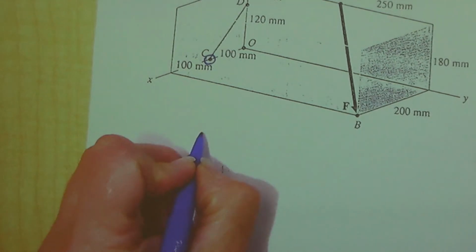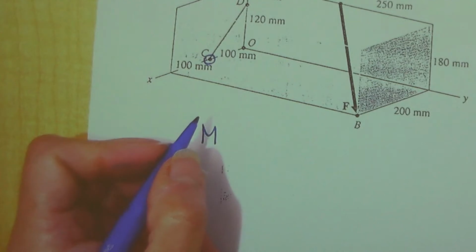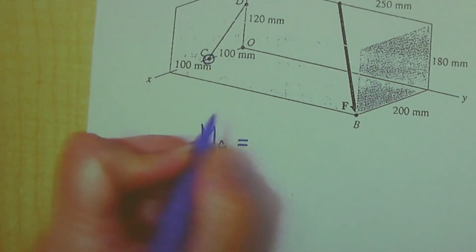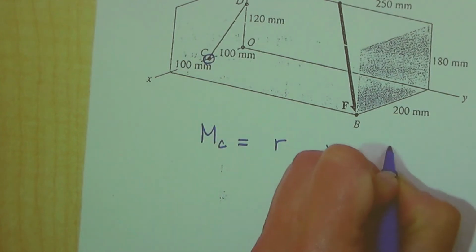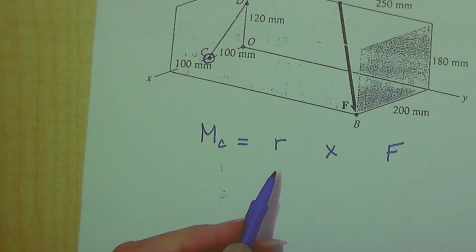I want to find the moment about point C, so I'm going to say R cross F, and F is going from what point to what point here?